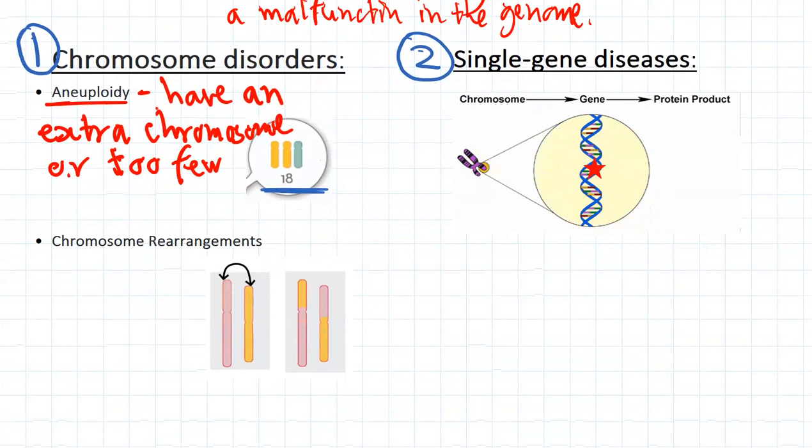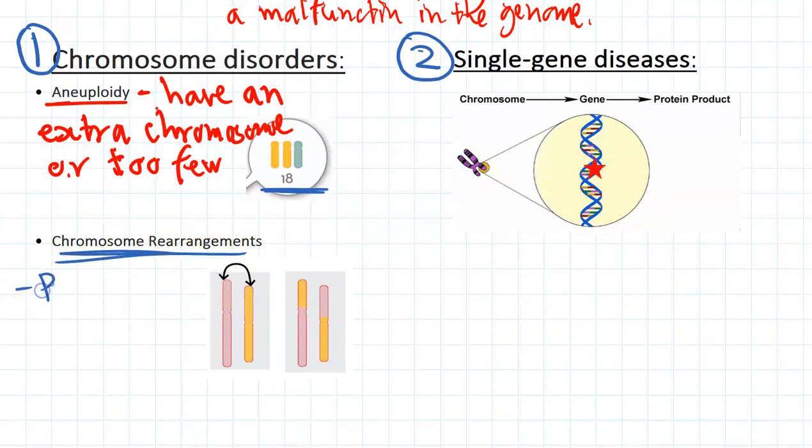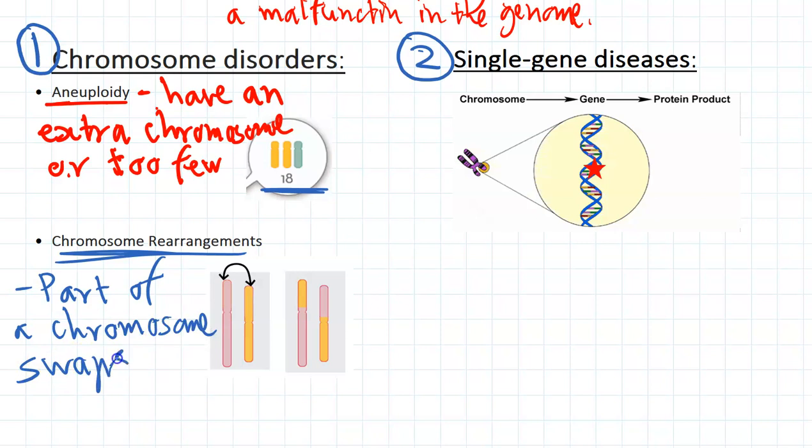The other type of chromosome disorder you can have are chromosome rearrangements. And this is where part of a chromosome actually breaks off and it swaps positions with a different chromosome. So part of a chromosome swaps with another. You can see in this example we've got this longer pink chromosome and the shorter orange one.